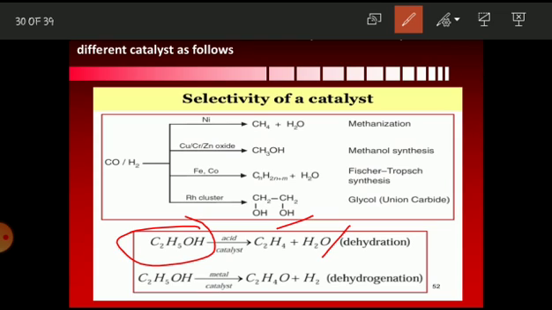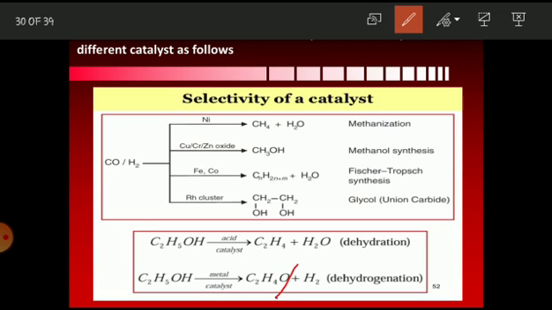So that is also a selectivity of catalyst. Here we are using acid as a catalyst, for example H2SO4 you can use as a catalyst. Okay. Next one, instead of an acid catalyst, if we use a metal catalyst, then instead of dehydration, we'll get a dehydrogenation reaction.